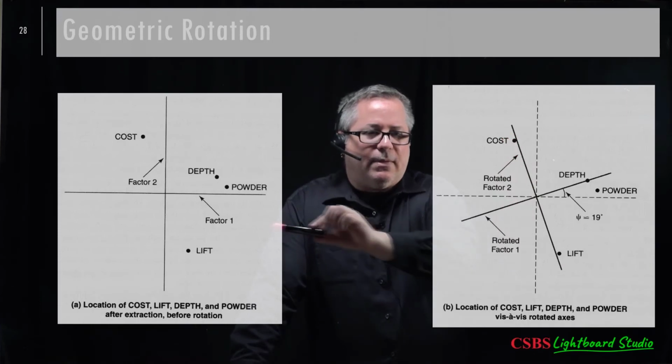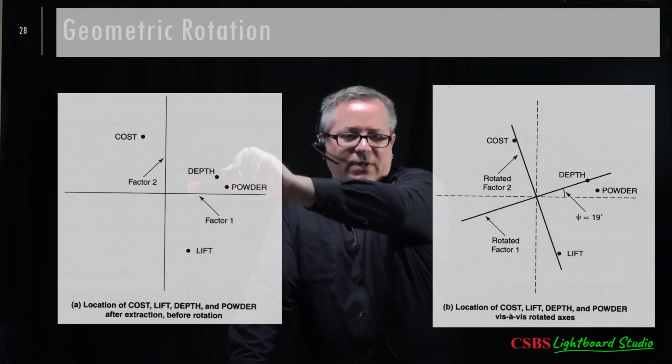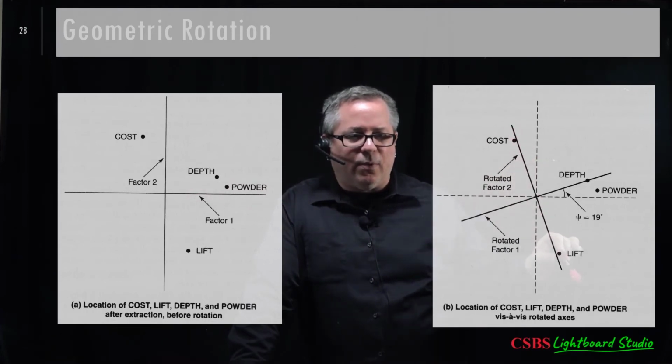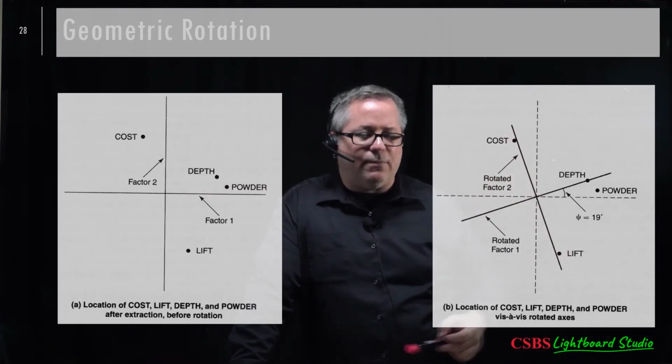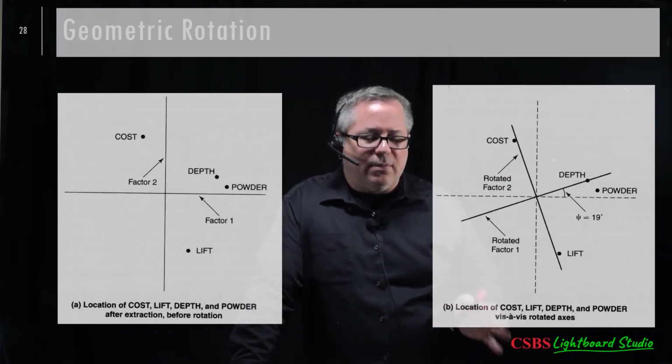So by rotating this so that the snow factor falls in between those two, I've made the facilities factor a lot more interpretable and a lot more meaningful. So that's what rotation does.